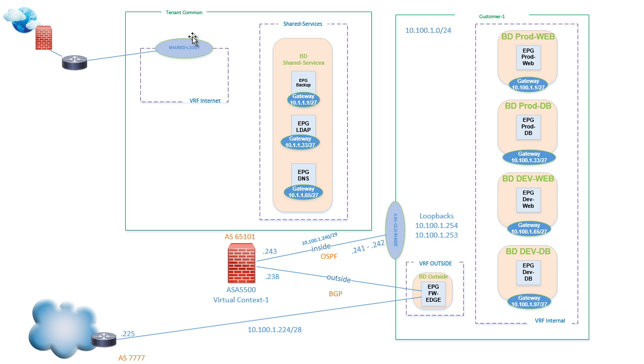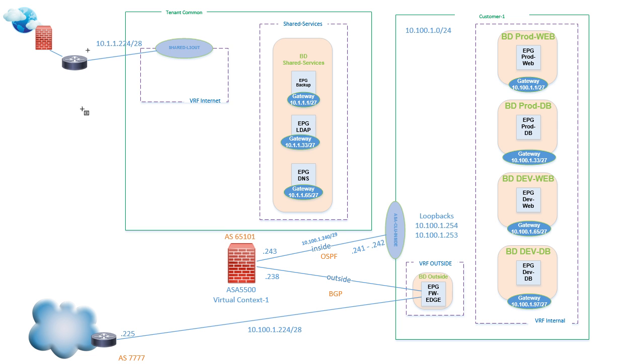Okay, we're going to need to get some IP addressing for our shared layer 3 out here. So we're using the 10.1 for the ISP network. So let's do 10.1.1.224/28 for the outside connectivity.